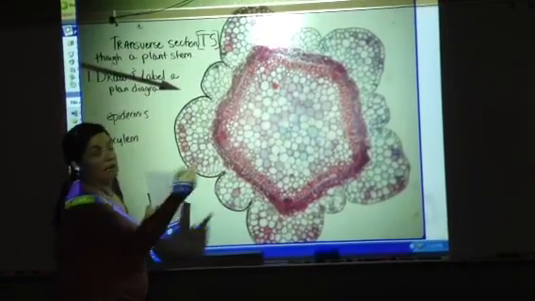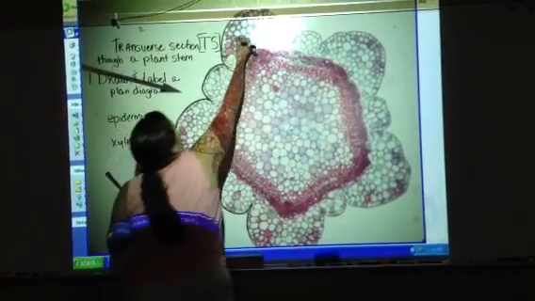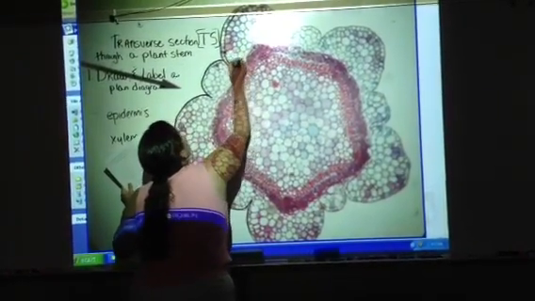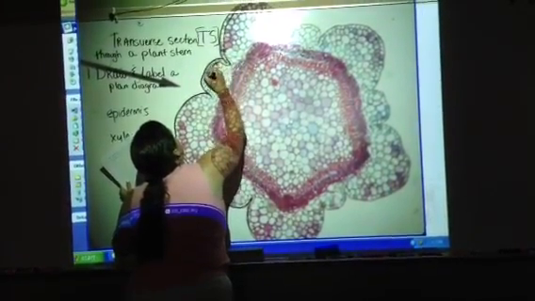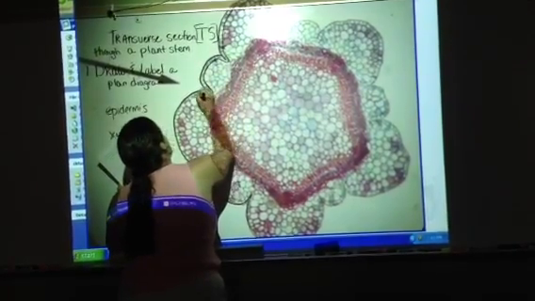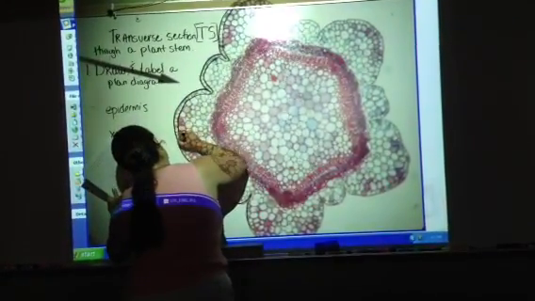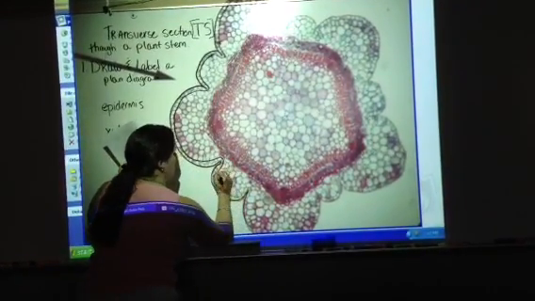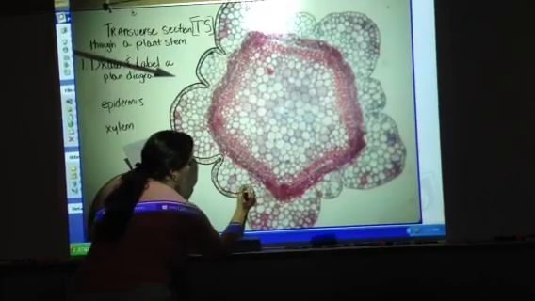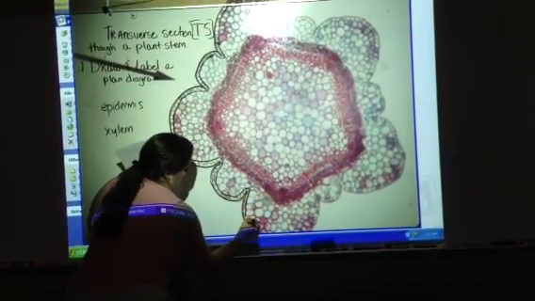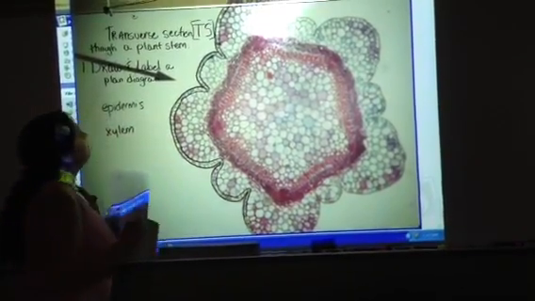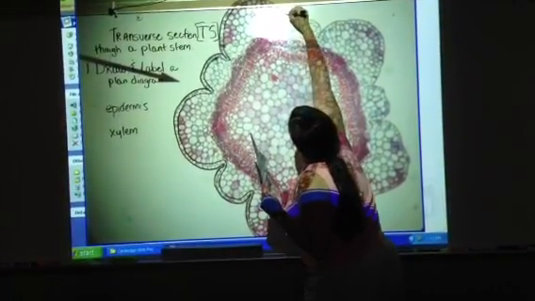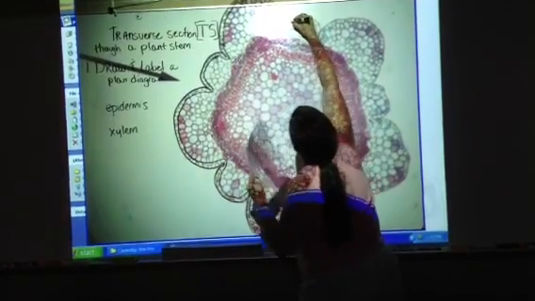Okay? You can continue on the other side. I'm going to go ahead and start up here with the epidermis inner layer. Notice that your epidermis layer here is one cell layer thick. Okay? Continue on the other side. It's hard to see where I'm going because of the video.